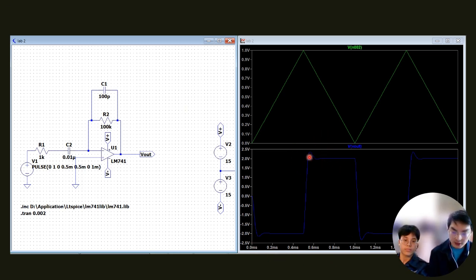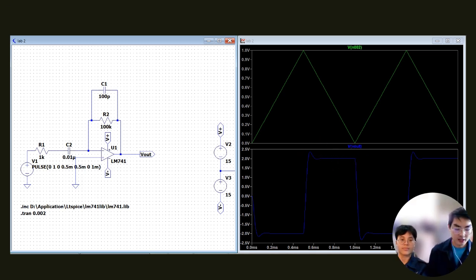Similar to the integrator circuit, for the differentiator circuit we have added a 100 picofarad capacitor in parallel. This is to stabilize the output waveform. A pure differentiator amplifies high frequency noise. The small capacitor limits the high frequency gain to prevent oscillation. That's why we get a small oscillation in the output waveform.